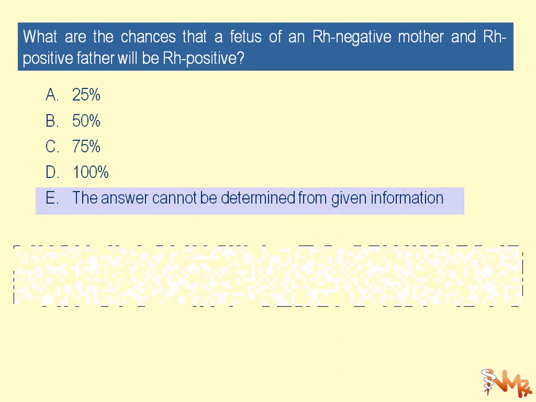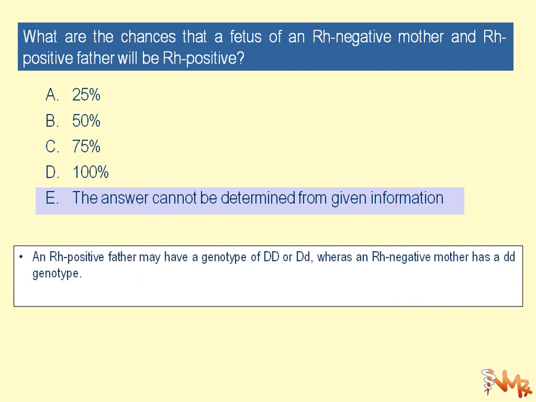The reason is that the Rh positive father may have a genotype of homozygous capital D or heterozygous capital D small d, whereas the Rh negative mother must of necessity be homozygous for recessive D or small d.